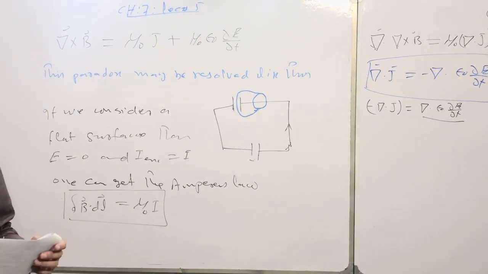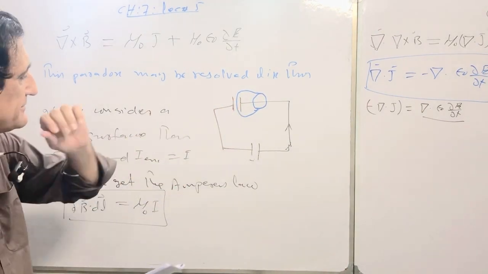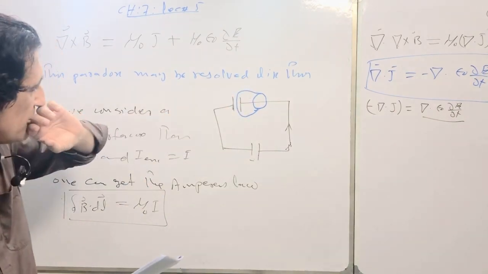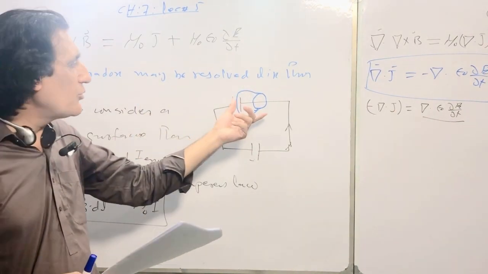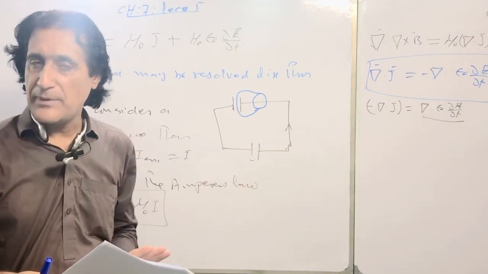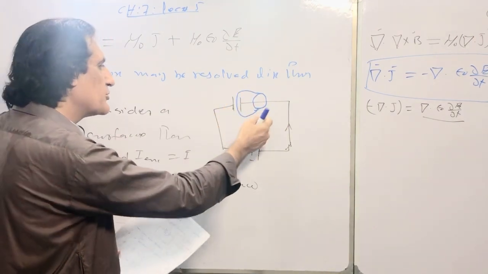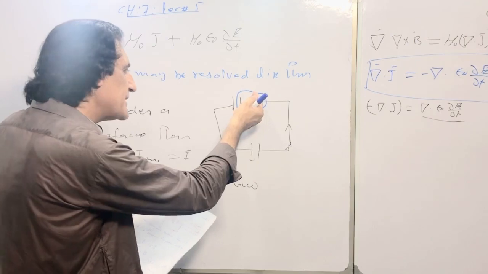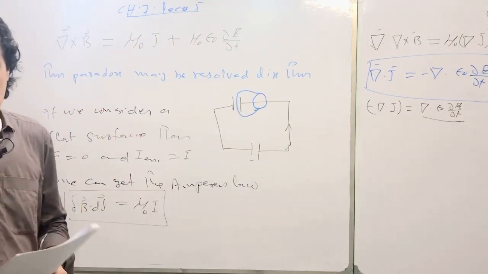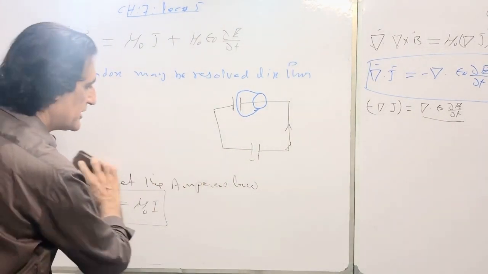No current will pass through that surface, because it passes between the capacitor plates, so I enclosed is zero.